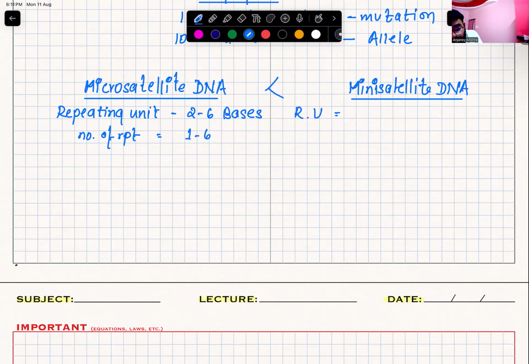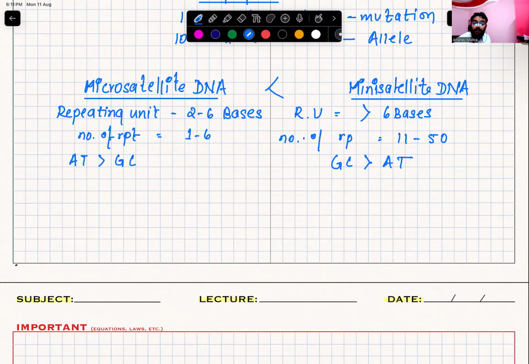So the repeating unit here is more than 6 bases, and the number of repeats is also more. Is that clear? This one has more adenine and thymine compared to guanine and cytosine. This one has more guanine and cytosine compared to adenine and thymine.